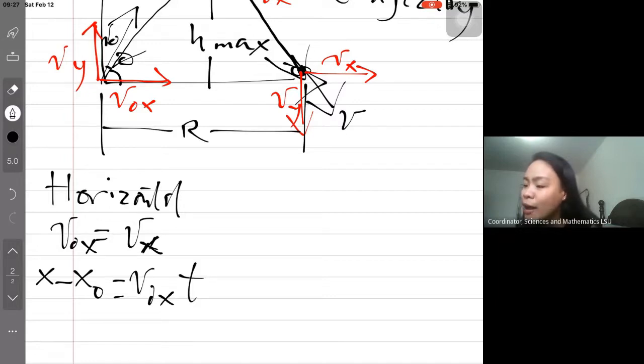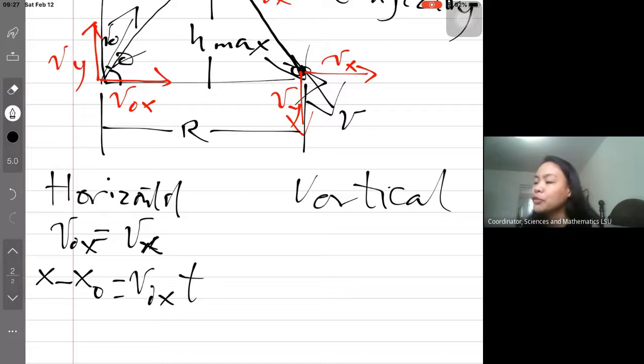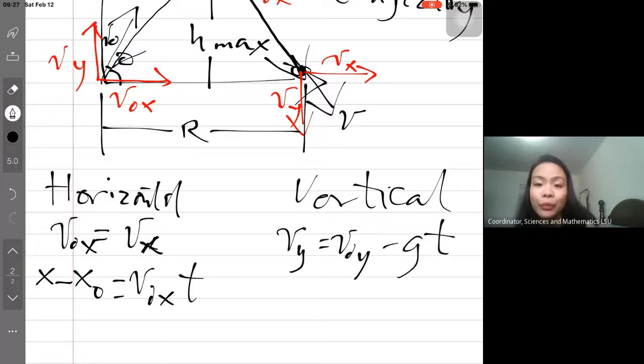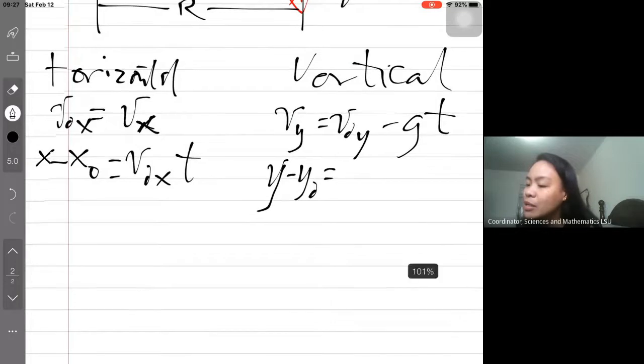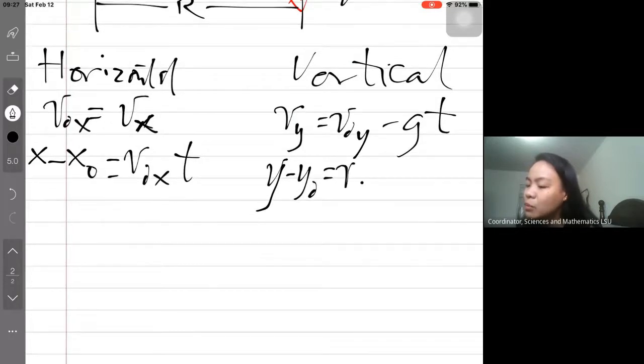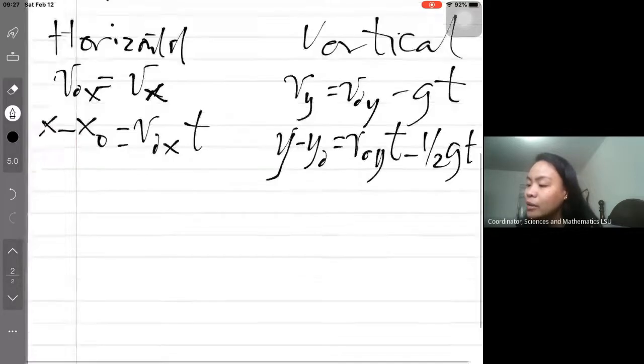And we also have our equations for the vertical. We have V sub y is equal to V sub oy minus gt. Again, we are taking this from the free fall equations. y minus y sub o is equal to V sub oy times time minus 1 half gt squared.